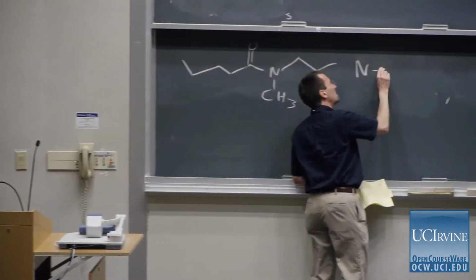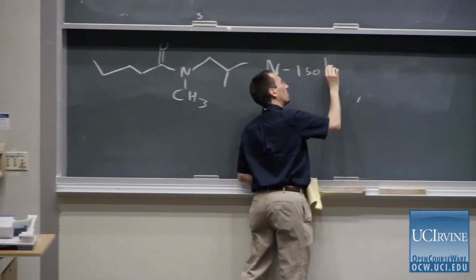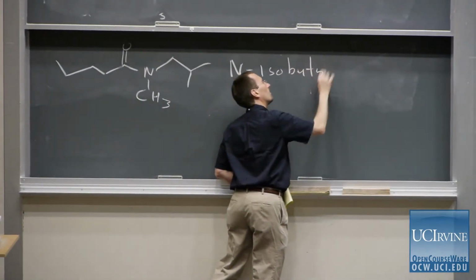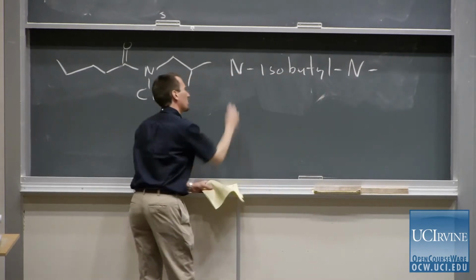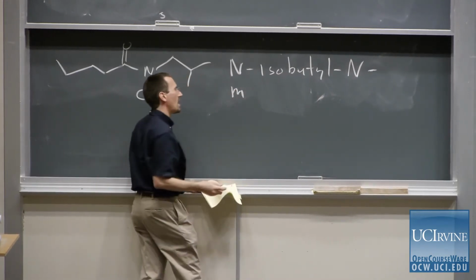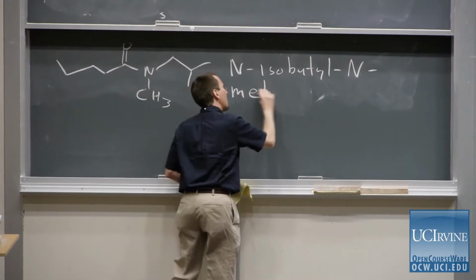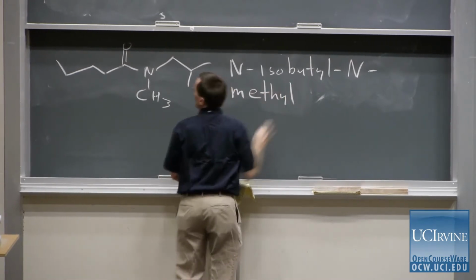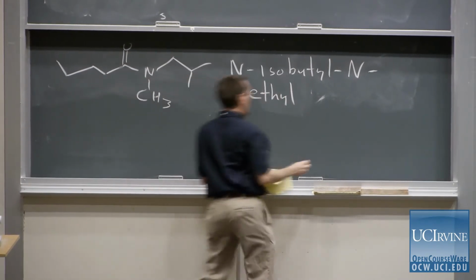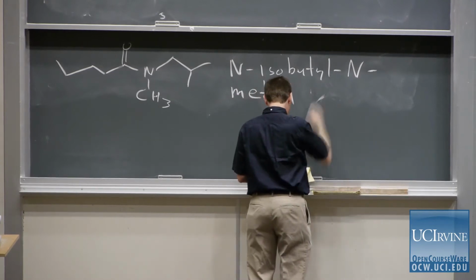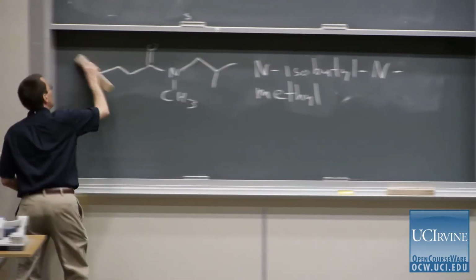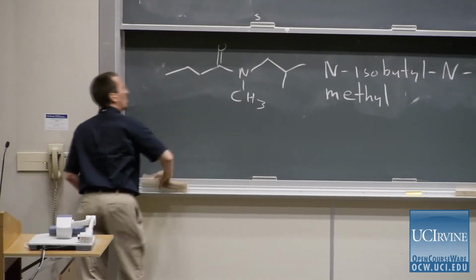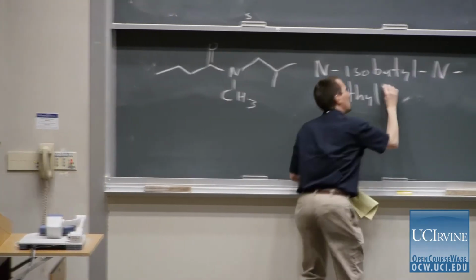It's N-isobutyl-N-methyl, and I'm going to break it with the hyphen here, just because I can't write it all out on one line. And then what's our carbon chain? 1, 2, 3, 4, 5. Pentanamide. I think your textbook must have had butanamide, so I'm going to draw it with one fewer carbon here.